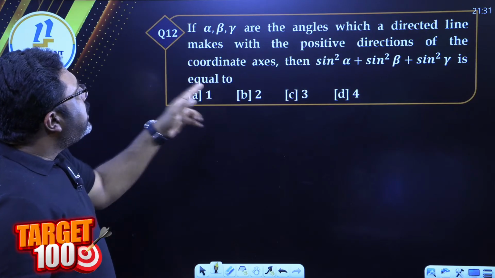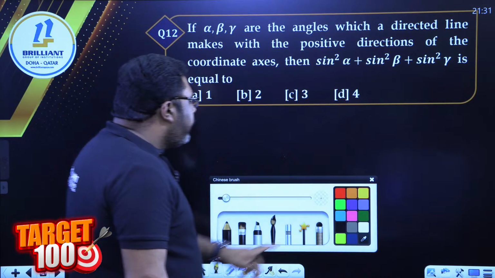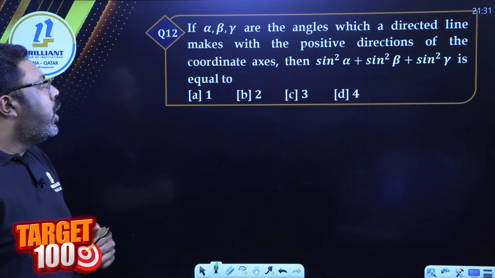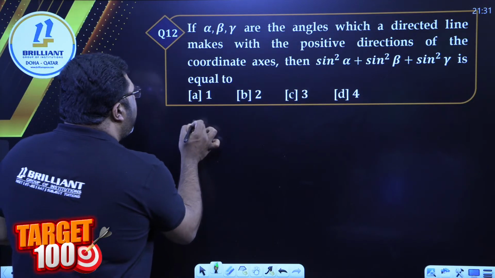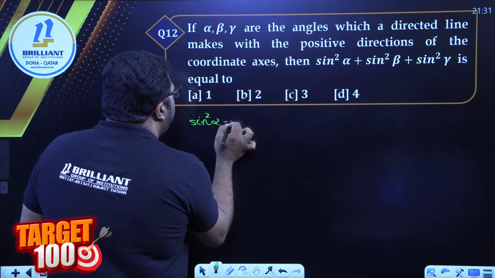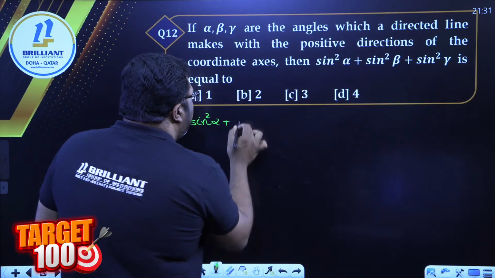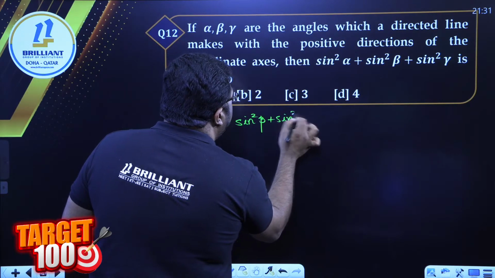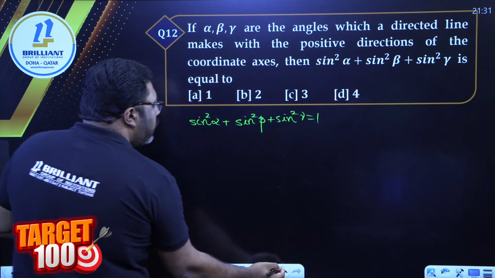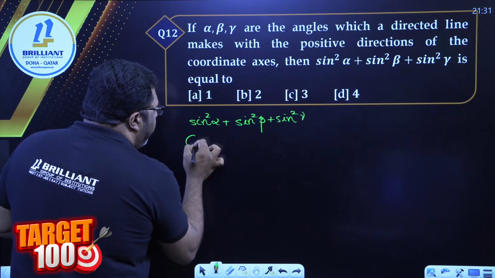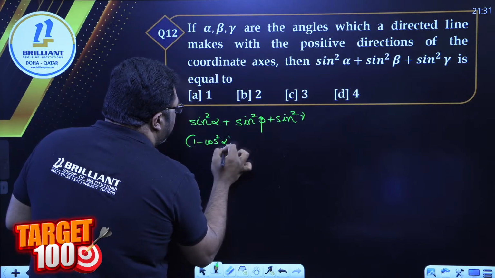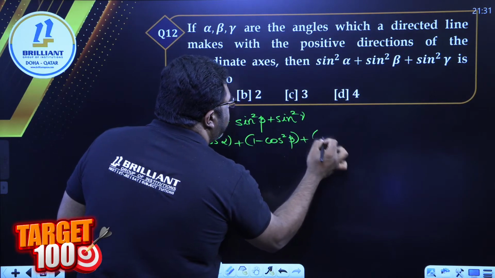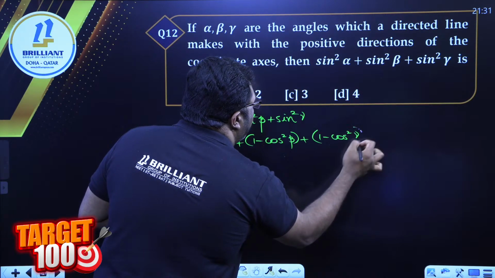Question 12, alpha, beta, gamma. Again, a different type of question. Alpha, beta, gamma are the angles made with the positive direction of the coordinate axes. What is sine squared alpha plus sine squared beta plus sine squared gamma? When the question changes to this, you don't have to worry, because sine squared alpha is 1 minus cos squared alpha, sine squared beta is 1 minus cos squared beta, and sine squared gamma is 1 minus cos squared gamma.